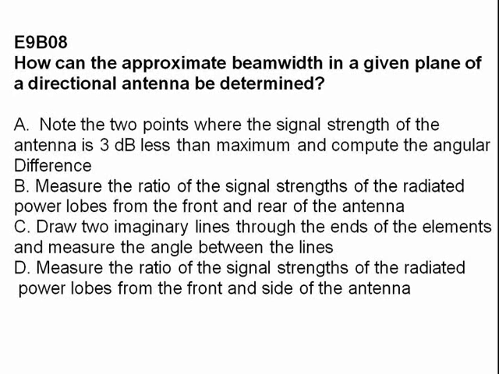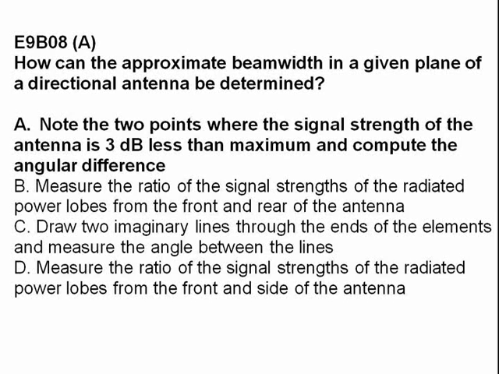C. Draw 2 imaginary lines through the ends of the elements and measure the angle between the lines. D. Measure the ratio of the signal strength of the radiated power lobes from the front and side of the antenna. The answer is A. Note the 2 points where the signal strength of the antenna is 3 dB less than the maximum and compute the angular distance.